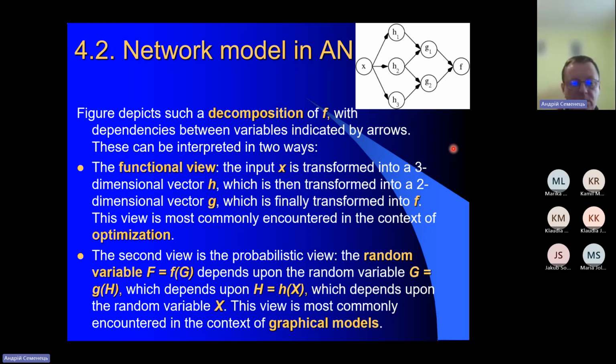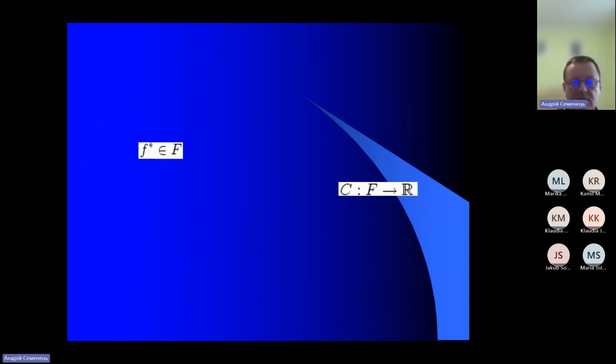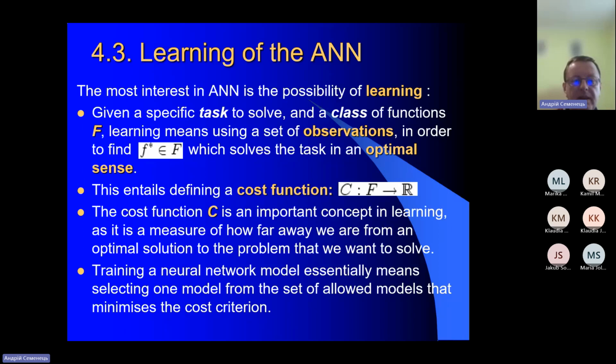So here we have two concurrent views about how to understand the artificial neural network approach. And here is the outcome of this approach, its possibility of learning. Given a specific task to solve and a class of functions F, learning means using a set of observations in order to find such f asterisk, which belongs to F, which solves the task in an optimal way.